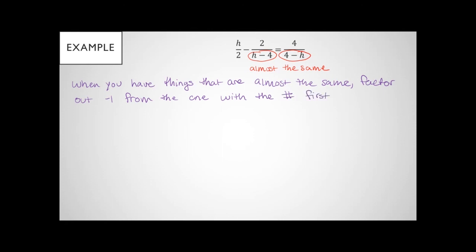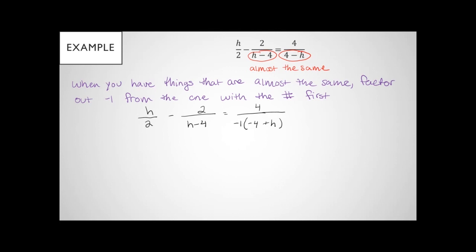So we're going to factor out a -1 from the 4 minus h because that has the number listed first. So what this looks like is you have h over 2, you have 2 over h minus 4, and then when you factor out a -1, you end up with -4 plus h.